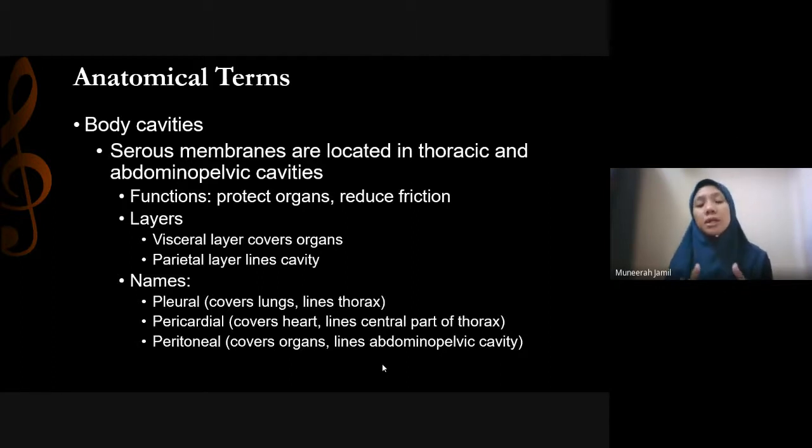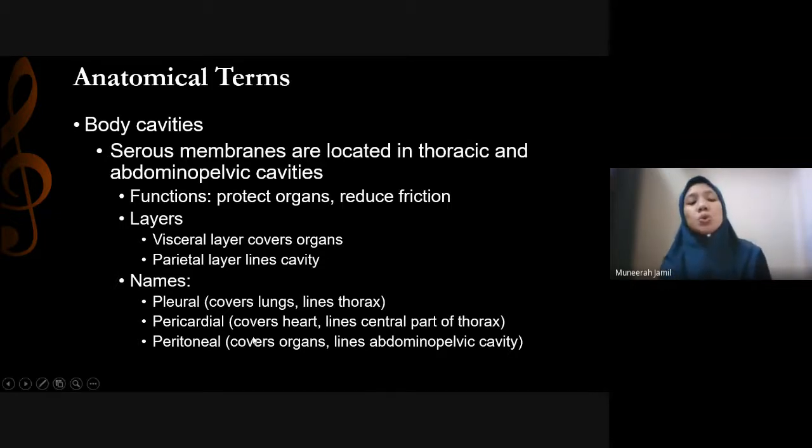So that's why it is important to have this serous membrane with fluid inside, to ensure that it can help reduce the friction whenever the organ contracts or relaxes. So the visceral layer is the one that is attached to the organs, bahagian dalam, manakala parietal layer is the one that lines the cavity, bahagian luar.